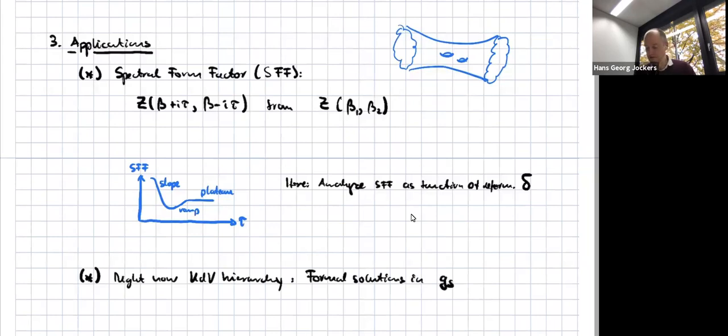This is nice if you want to pick out particular correlators of JT gravity at a given order in this genus expansion. However, as has already been pointed out in the original proposal by SSS, and you should also compare with the discussion by Clifford Johnson, who has very nice papers on this.